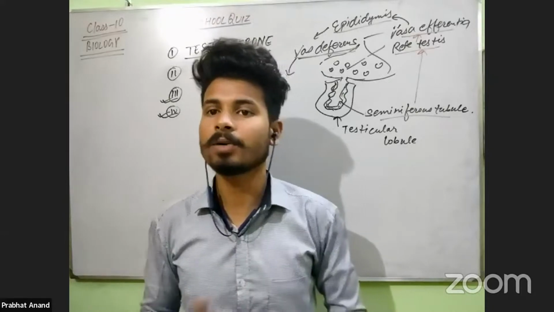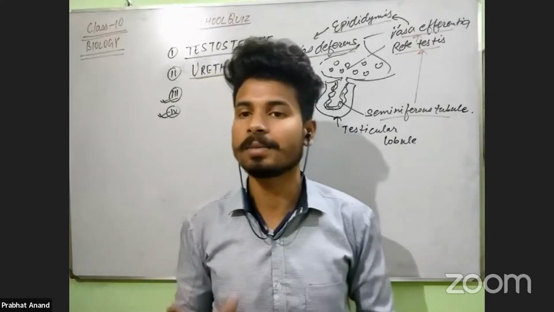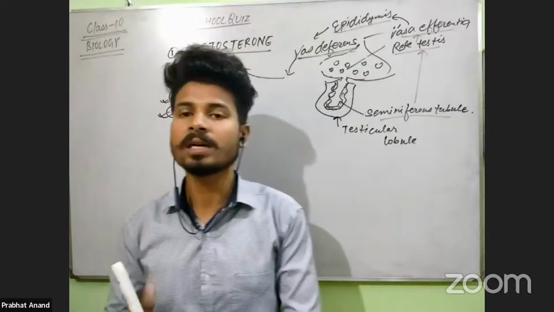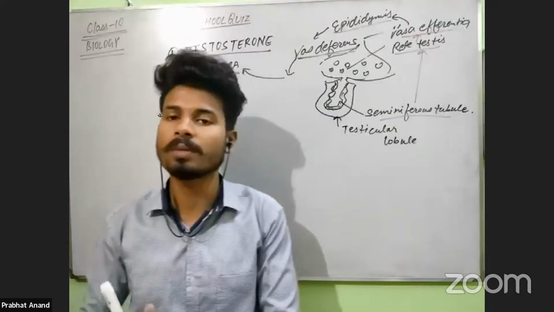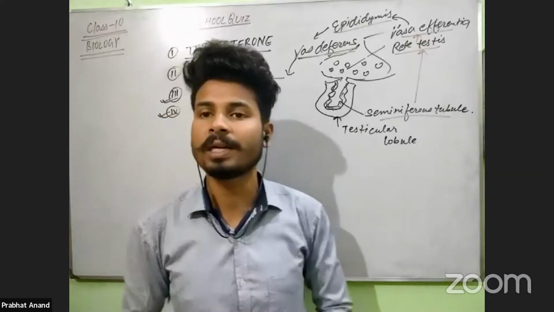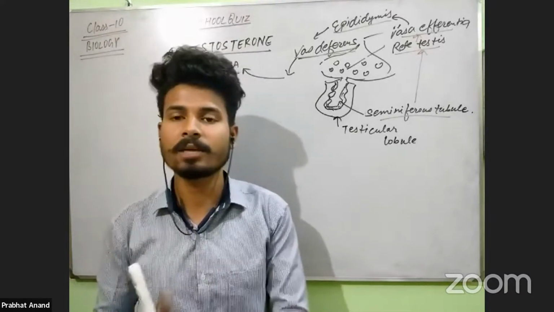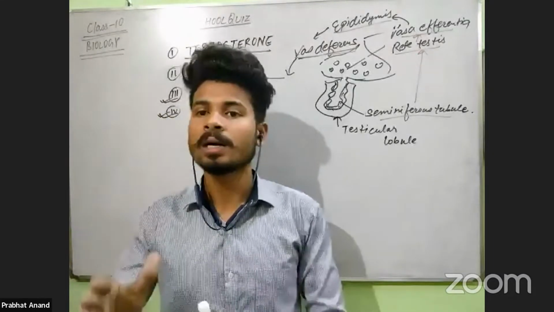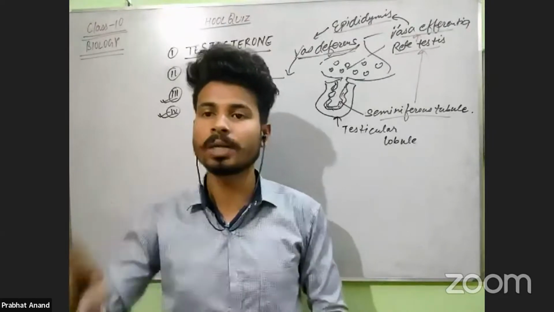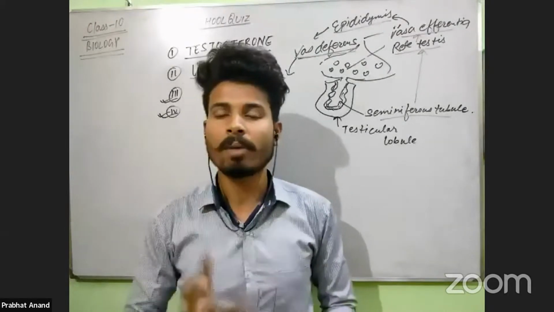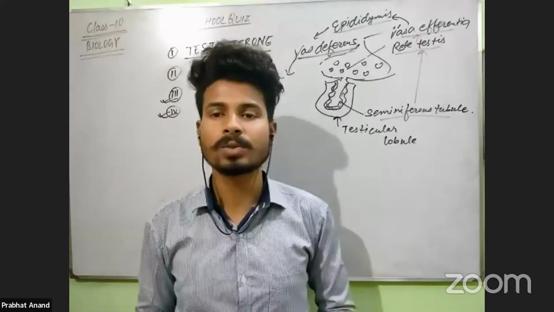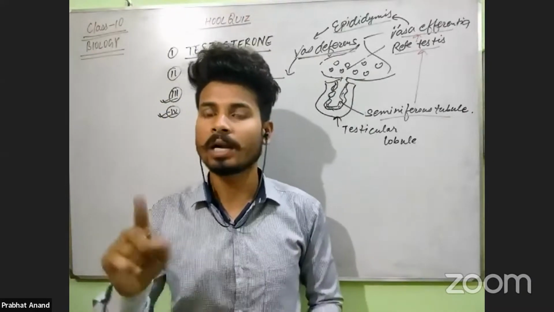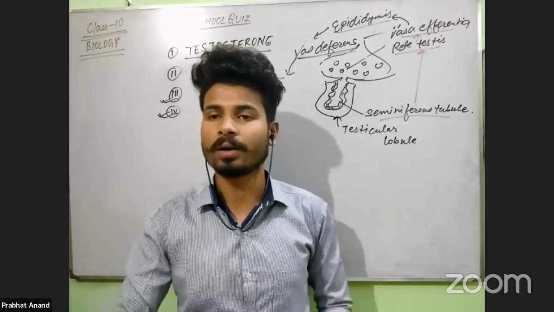Keep it in mind, because this question is asked in the CBSE examination: what is the function of the scrotum? The function of the scrotum is to maintain the temperature of the testes below body temperature, by 2 to 3 degrees Celsius. Our normal body temperature is 37 degrees Celsius, so it will maintain 35 to 34, right?